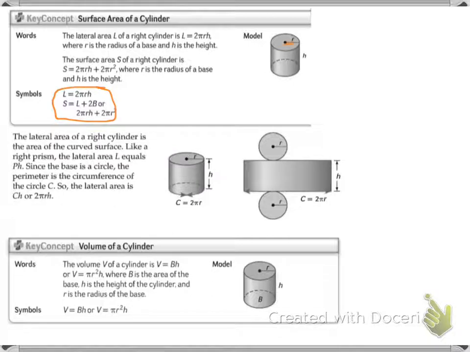So whatever the radius is times your height, times pi times 2. And then your surface area will be whatever you got for your lateral area, which we just did, 2 pi rh, plus you'll add in your two bases. Well, if you think about it, your two bases are circles, okay, and how do you get the area of a circle?